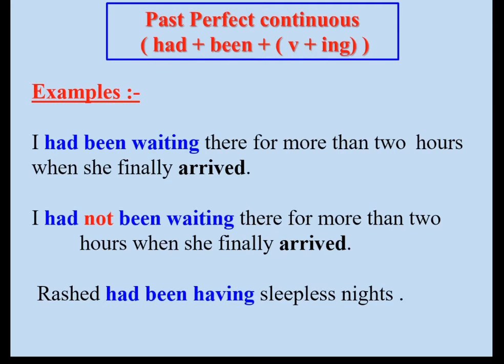I had been waiting there for more than 2 hours when she finally arrived. So, had been plus verb plus ing. It is past perfect continuous.